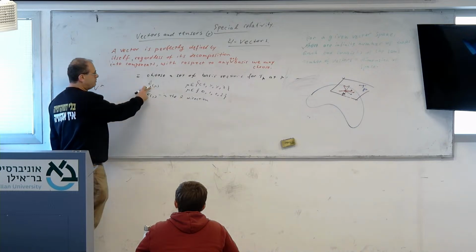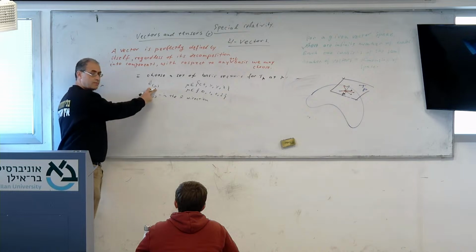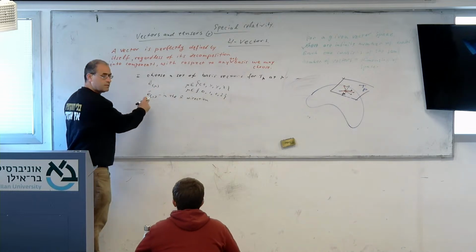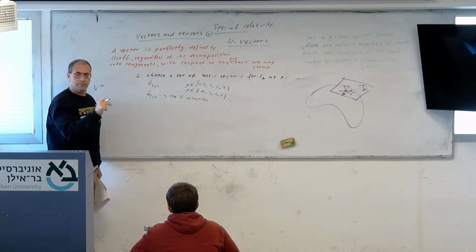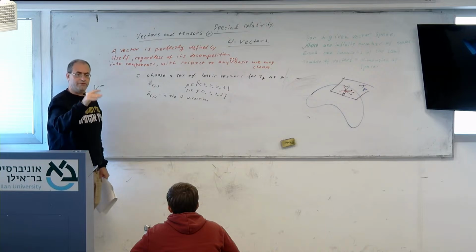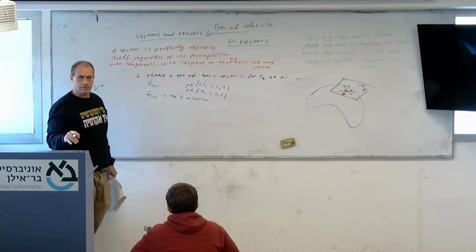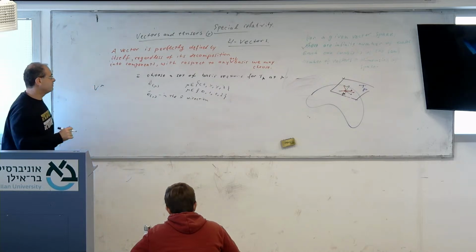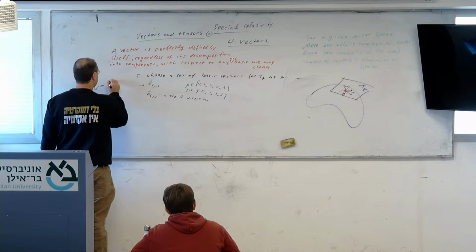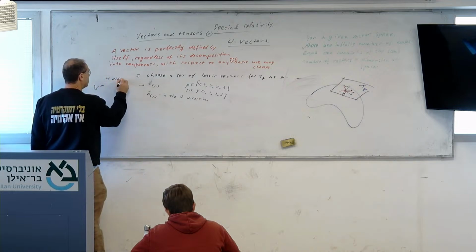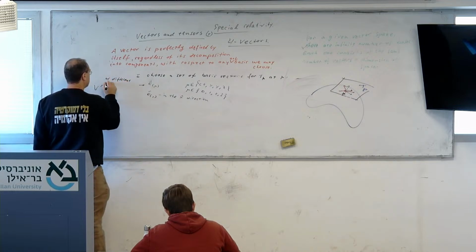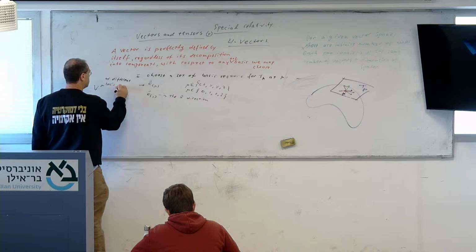But this e mu, note that I use a lower index and I put the parentheses, it represents what? It represents 4 different vectors, each one a basis vector.